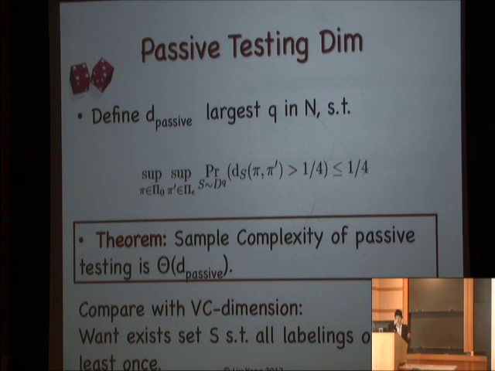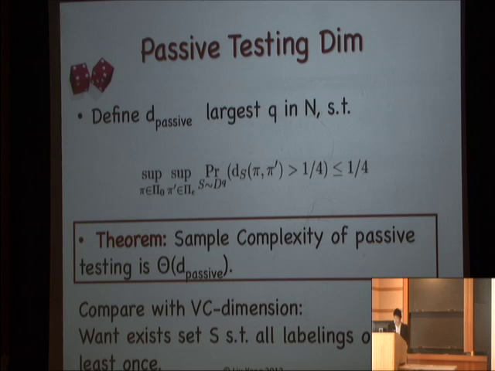To calculate the sample complexity of passive testing, we merely need to let the adversary pick pi prime and ask whether there is a reasonable probability, over the draw of S, that the Bayes risk is small. If so, this is a sufficiently large sample size.